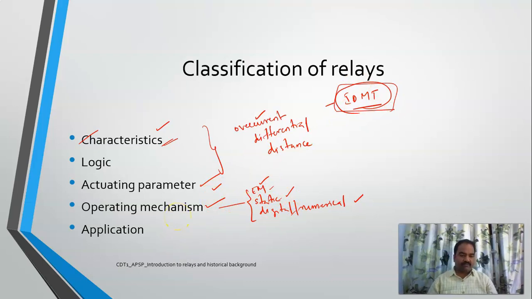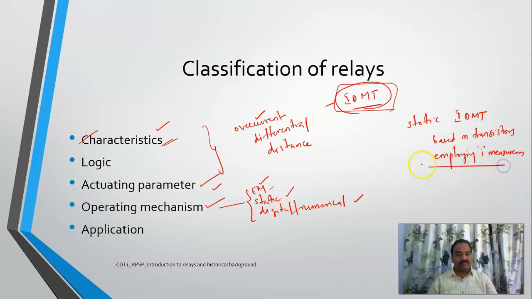also. So if you do have one static IDMT relay based on transistors, employing current measurements, then this is one particular description, which means that it comes under static relays, it comes under current, it comes under IDMT.